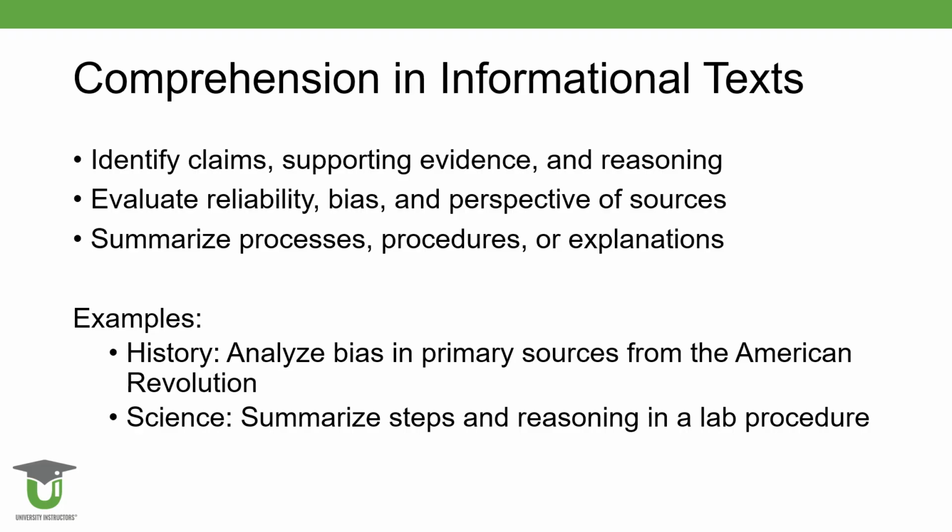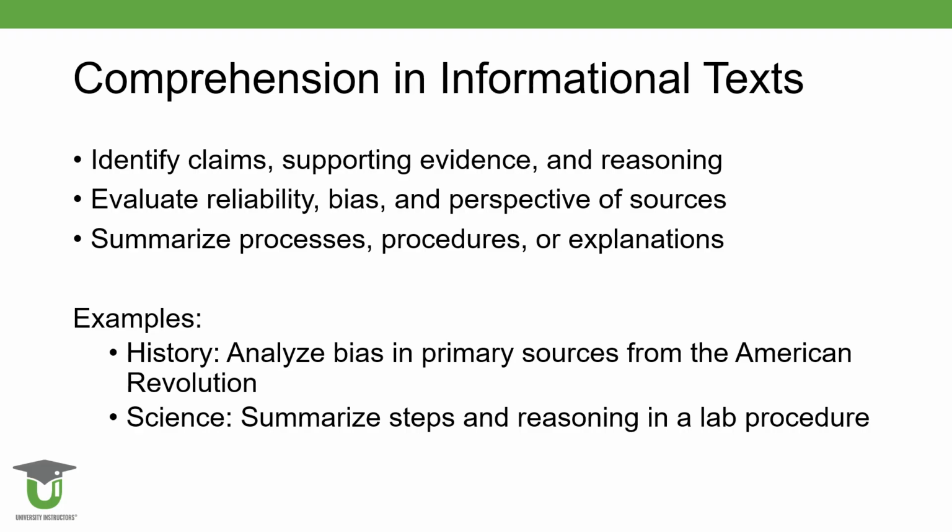When teaching informational texts, guide students through their literacy knowledge, such as identifying claims, supporting evidence, and reasoning to understand the author's argument. Encourage them to evaluate reliability, bias, and perspective of sources, which is especially important in historical or controversial texts.